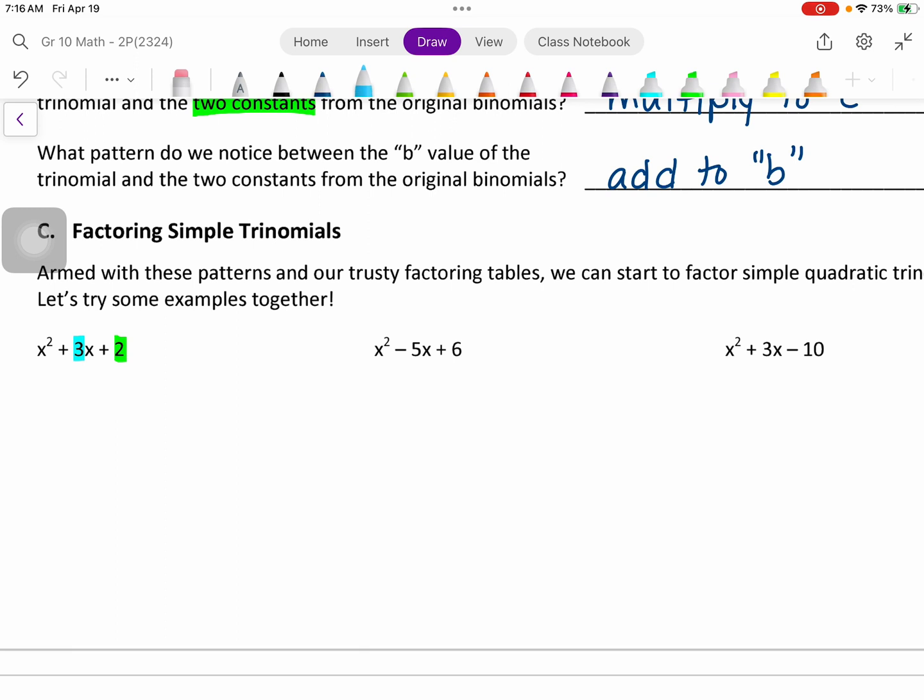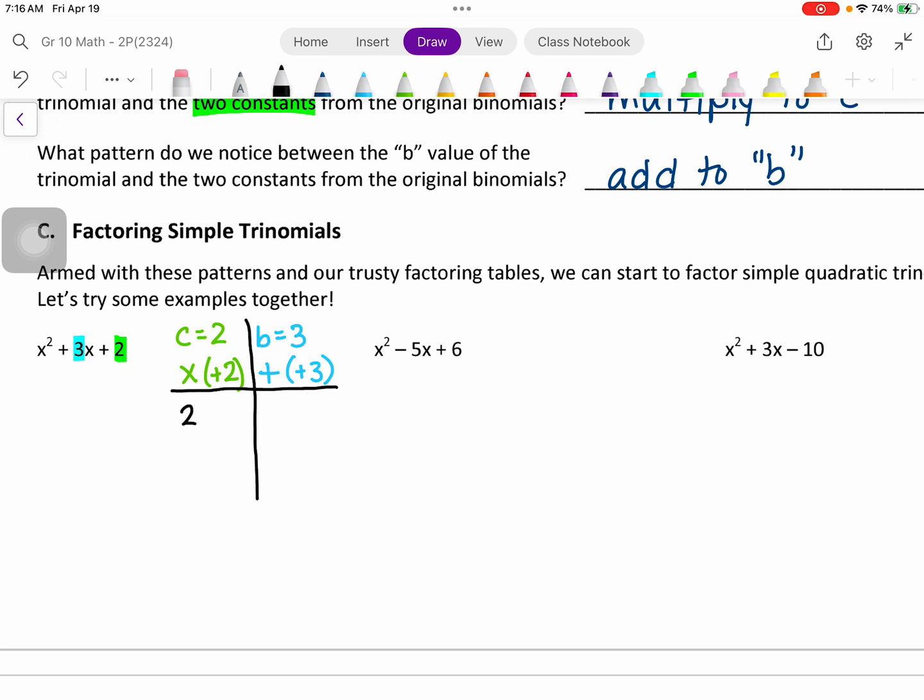So our b is equal to 3, and it's a positive 3, so we want to add to positive 3. And then our c is equal to a positive 2, so we want to multiply to a positive 2. So we're going to look for numbers that multiply to 2 and add to 3.